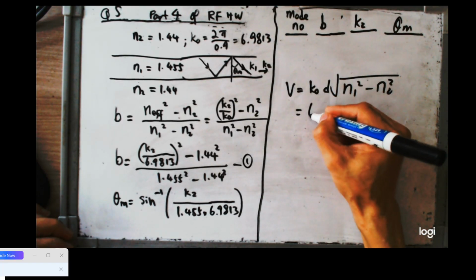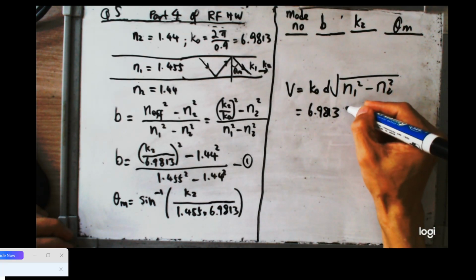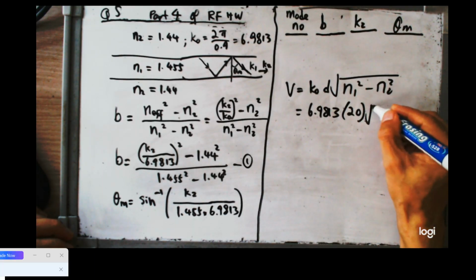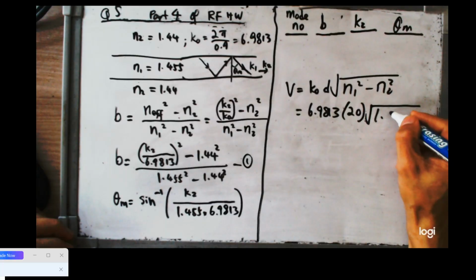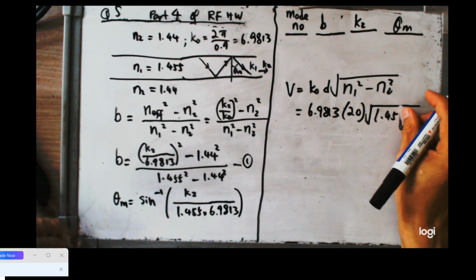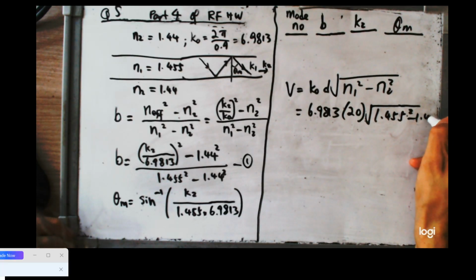K naught is 6.913, and then D is the thickness. It is 20 micron, right? And then n1 is 1.455 square, n2 is 1.44 square.